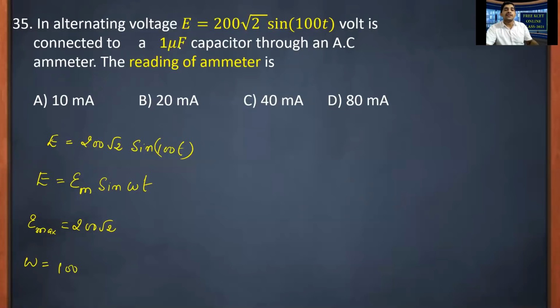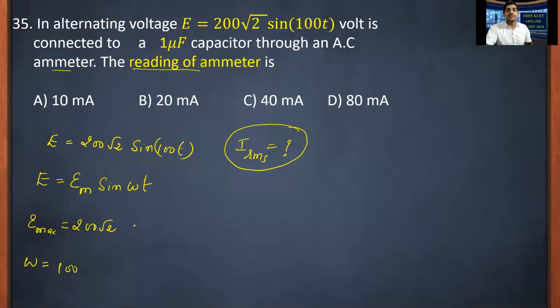Now, AC meters read the RMS value of the current or the RMS value of the voltage. Here the ammeter is connected, so the reading will be the RMS. So we are asked to find the IRMS. To find the IRMS, we should first get ERMS.